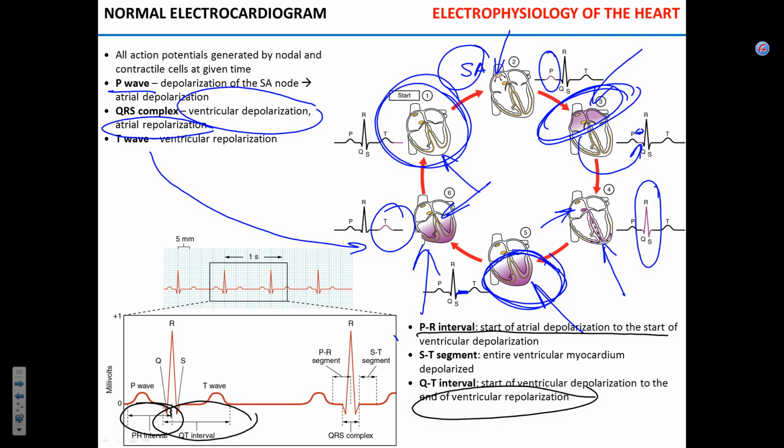That makes sense? The only three segments and intervals that I may ask you about, these three. PR, ST, QT. PR and QT intervals and ST segments. Does that make sense? We're good?